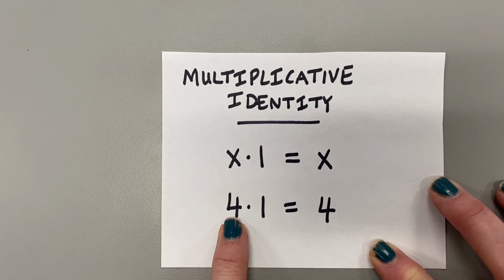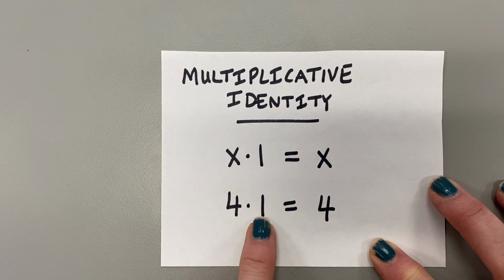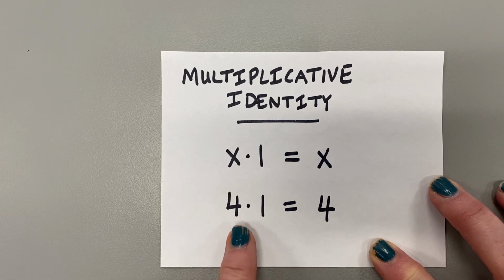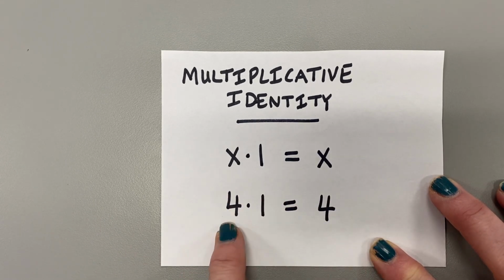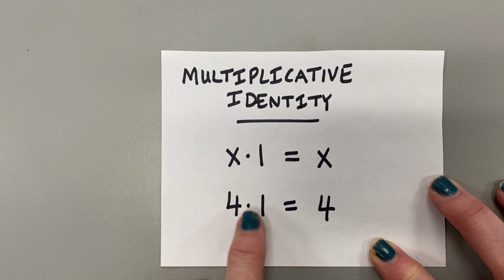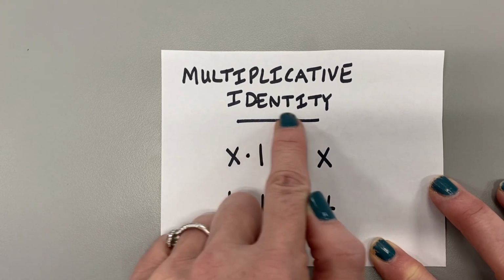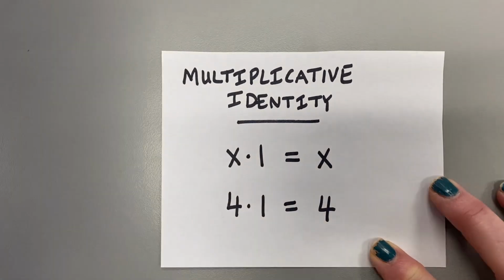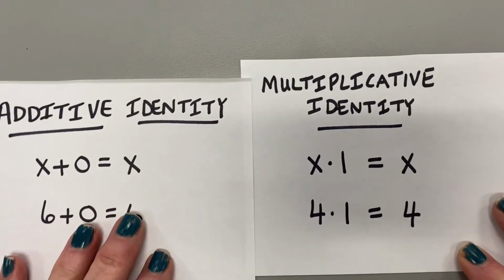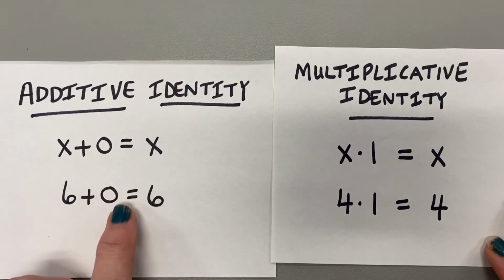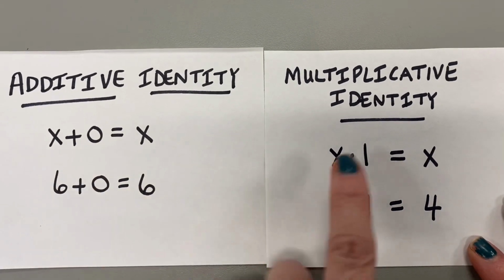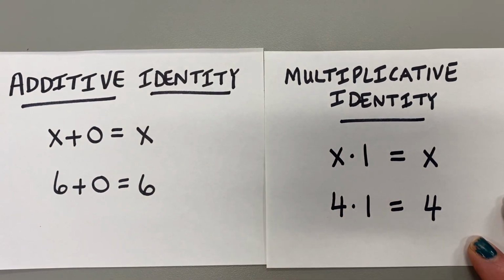So I chose 4 for x, so 4 times 1 equals 4. True. You've always known that to be true. Anytime you take a number times 1, that number maintains its identity. So we have the additive identity, which is 0, and the multiplicative identity, which is 1.